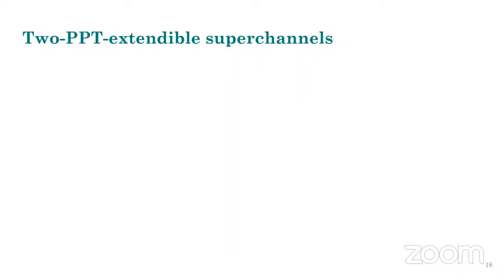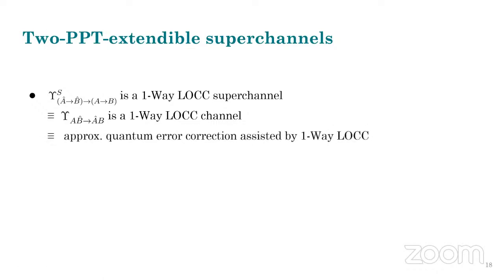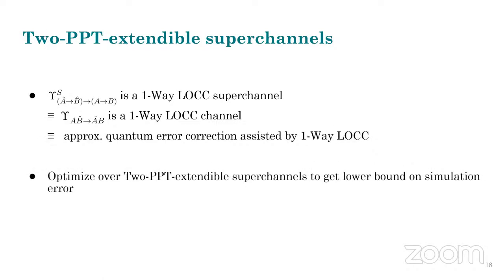So for 2PPT extendable superchannels, we know that if epsilon S is a one-way LOCC superchannel, which is what we're looking for, then the associated CPTP map is a one-way LOCC channel. And this is the same problem that we're looking for. So what we can do is optimize over 2PPT extendable superchannels to get lower bounds on simulation error.